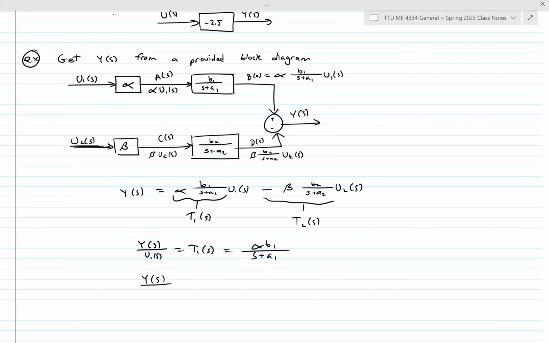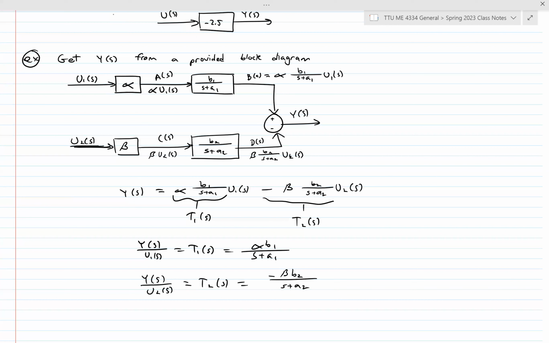And Y of S over U2 of S. That's T2. That's negative beta B2 over S plus A2, right? Times U, no, because we moved the U2 over. So we can get our transfer functions from our block diagrams if those are provided to us already.